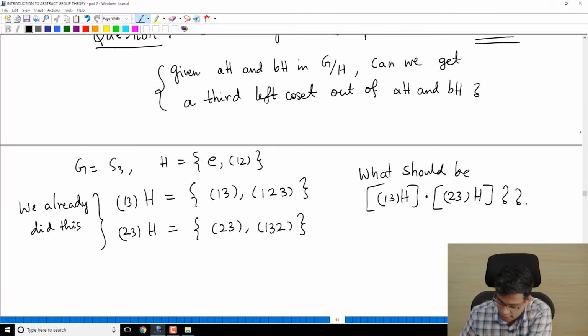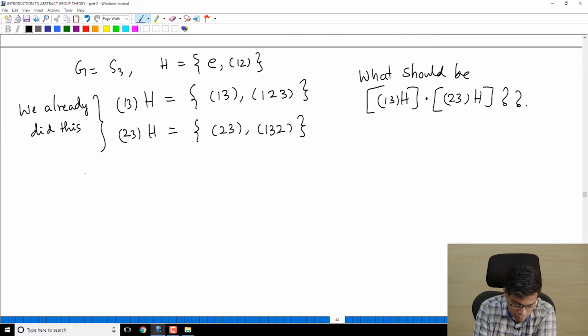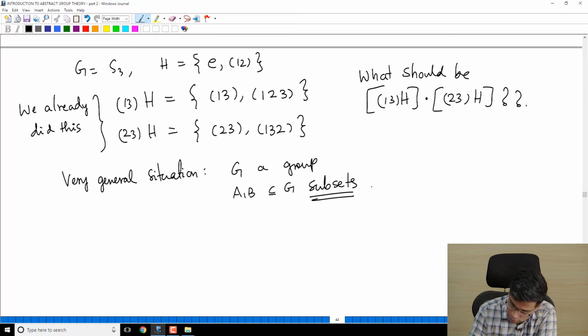Okay, so it looks like we have to learn how to multiply sets. We know how to multiply elements. So one attempt would be, very generally, let me introduce to you a notion. G is a group, A and B are subsets of G, not necessarily subgroups.